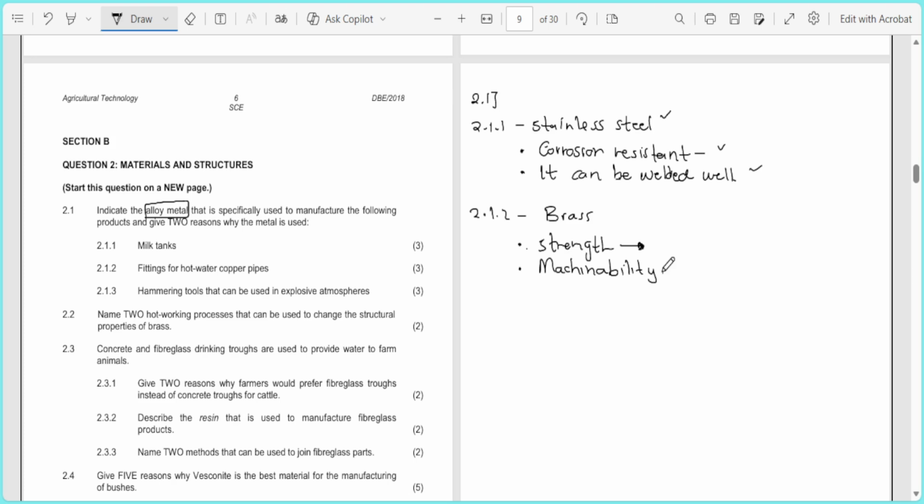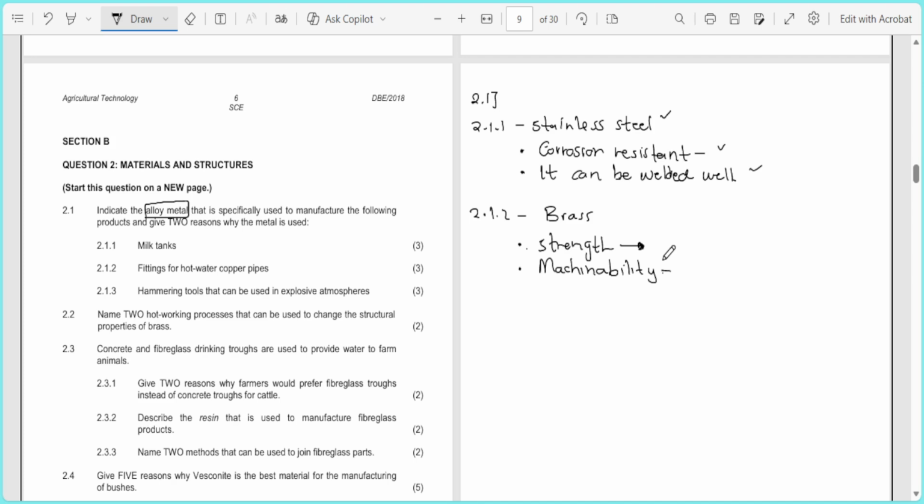As for machinability, it's because brass is easily machined into precise threads and fittings. So it makes the manufacturing process easier for bending, creating threads and fittings, and ensuring that leak-free connections are established.